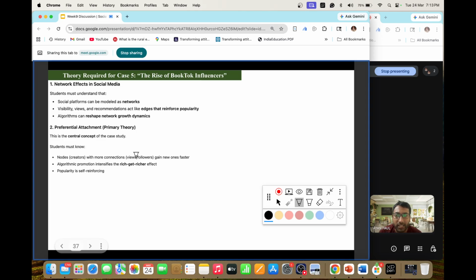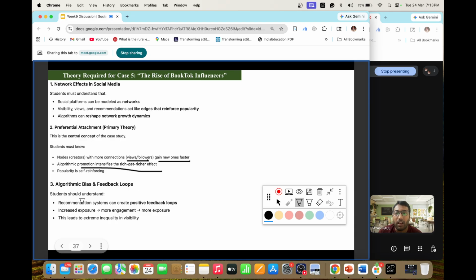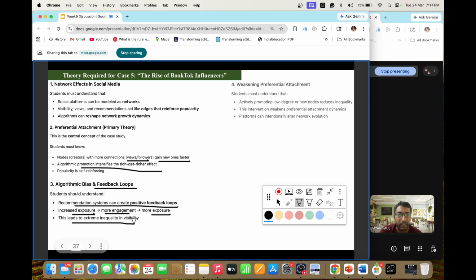Creators with more connections, views, and followers gain more, faster. Algorithmic promotion intensifies the rich-get-richer effect. Popularity is self-reinforcing. Recommendation systems, algorithm bias, and feedback loops: recommendation systems can create a positive feedback loop, increasing exposure, more engagement, and more exposure. This leads to extreme inequality in visibility.